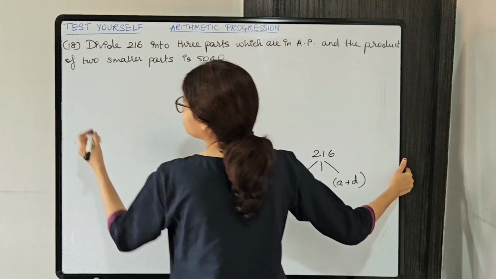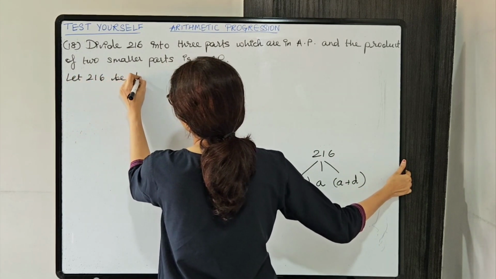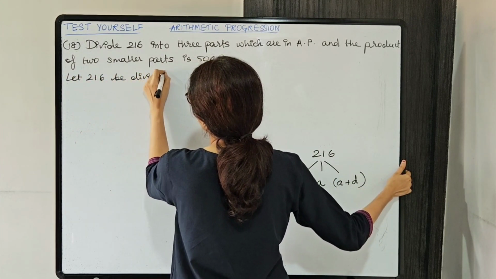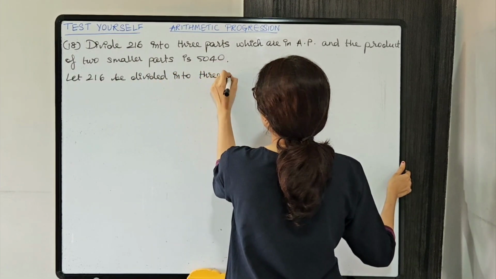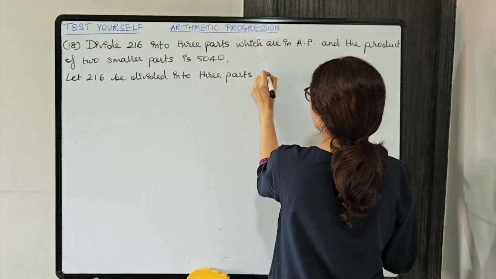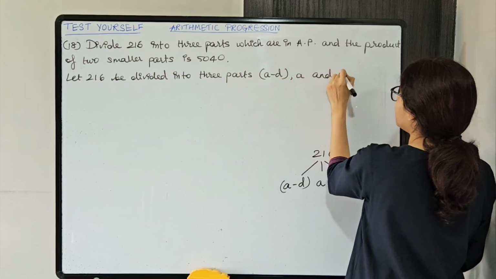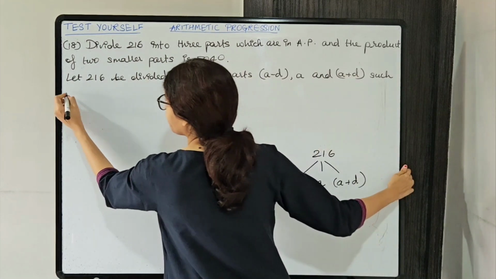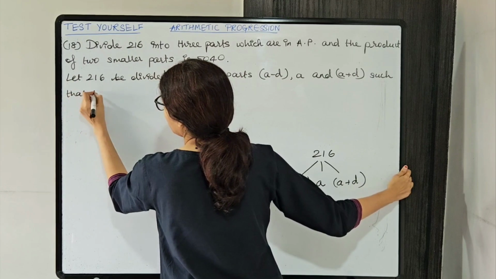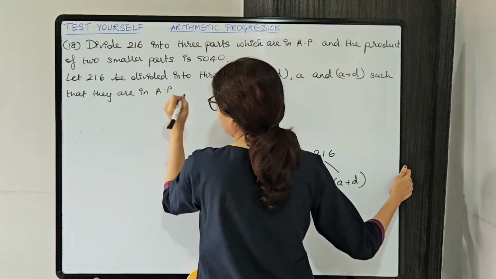So write down, let 216 be divided into 3 parts, A minus D, A and A plus D, such that they are in AP.